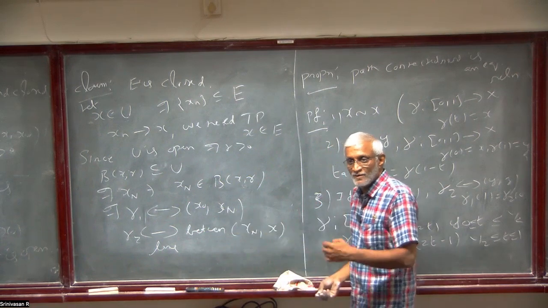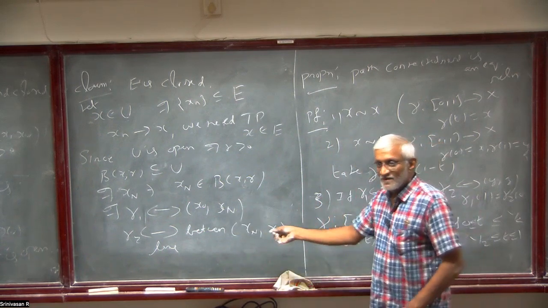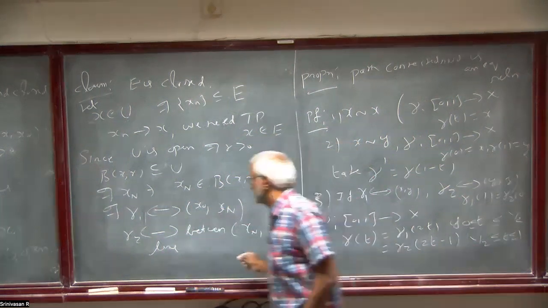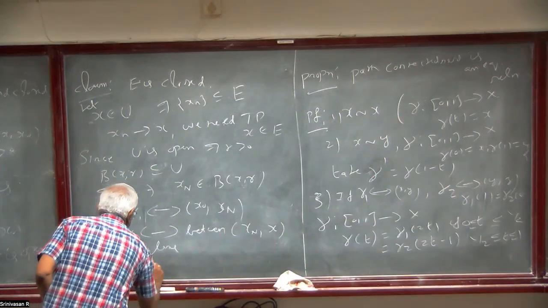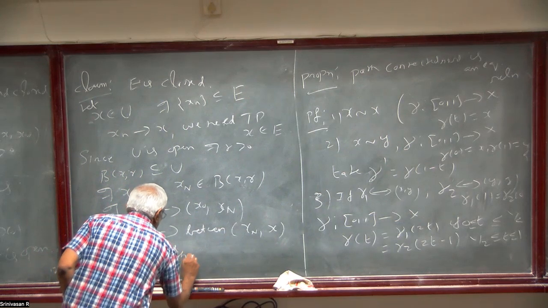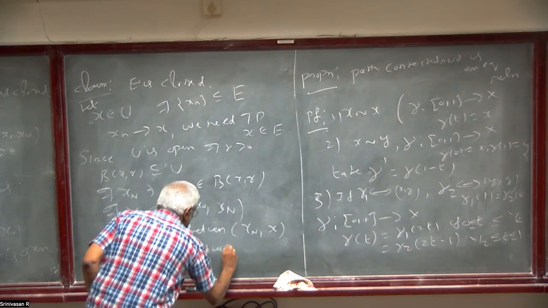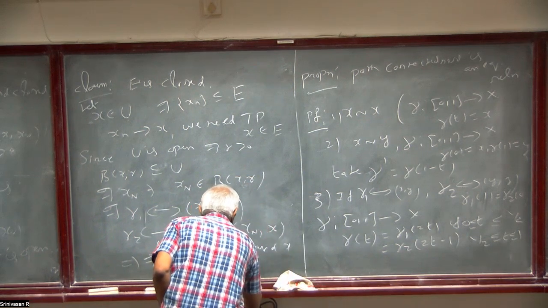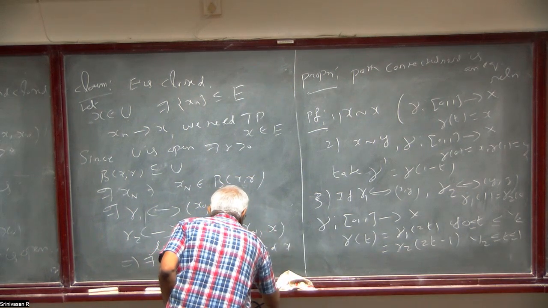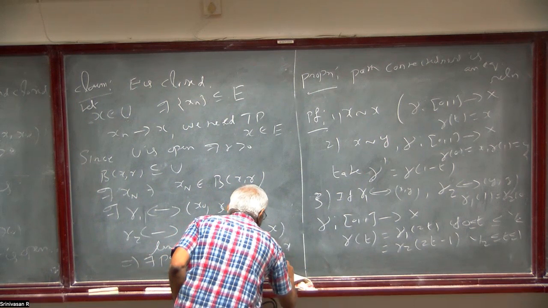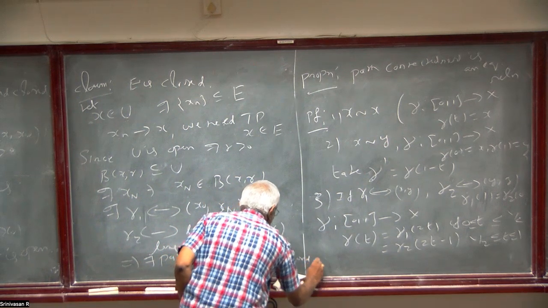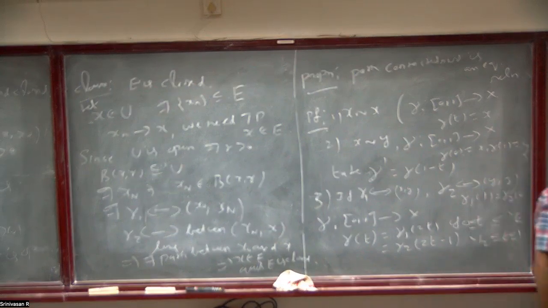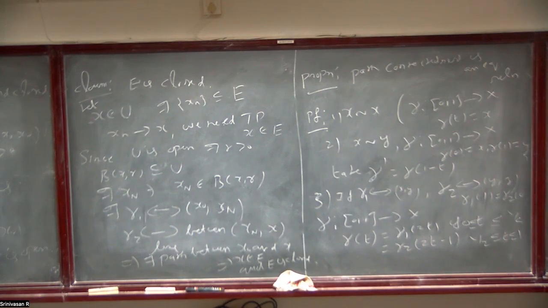So there exists a path between x naught and x. So this implies x is in E and E is closed. That is what we wanted to prove. Any question?